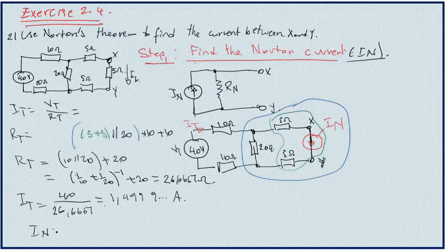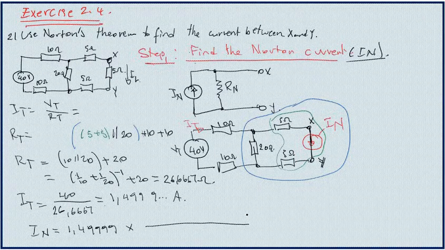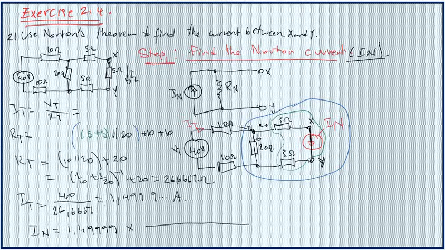So the Norton current is given by the supply current multiplied by something, because the supply current splits into two branches. I'm concerned with calculating the current in the second branch. So the resistance of the second branch is that one, and the resistance of the first branch is this one.